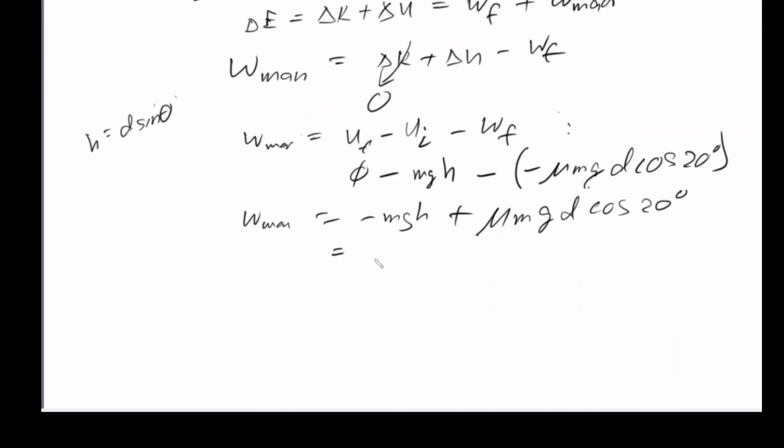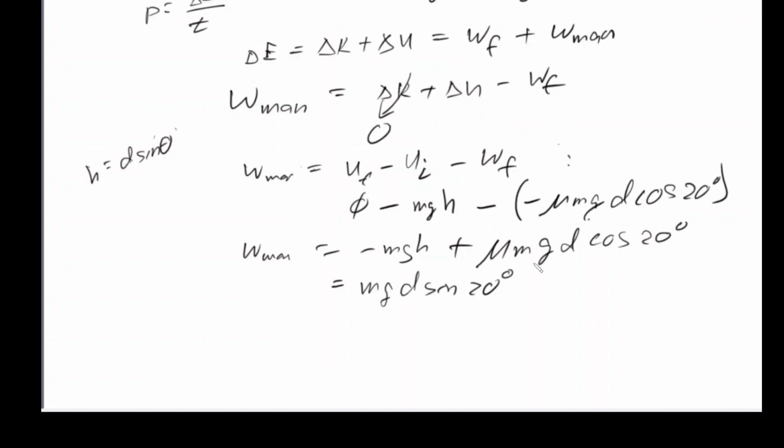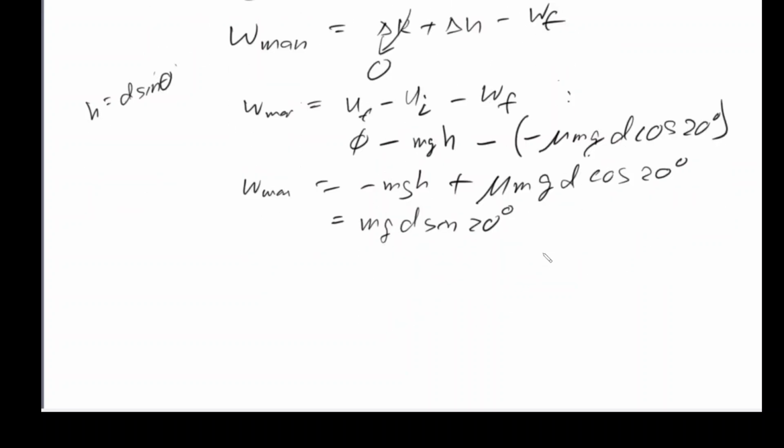So that's equal to mg, distance, sine 20 degrees. And we don't know the distance that it travels down the hill. Let me just finish this equation.